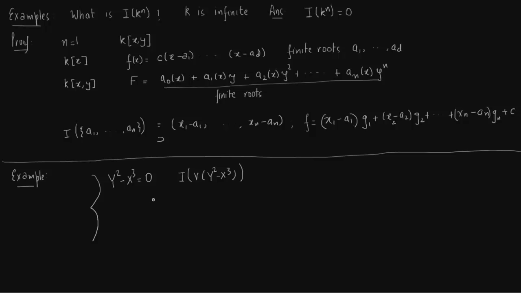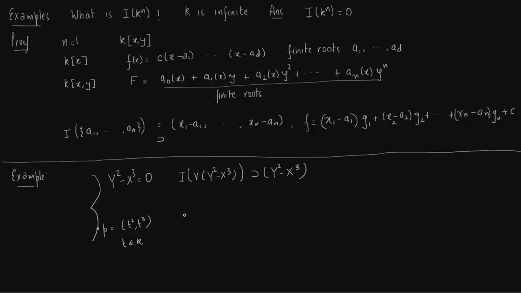Obviously y squared minus x cubed is contained in this, since it vanishes on the set. So this inclusion is clear. We will prove that this inclusion is actually an equality rather than just an inclusion, which is how it looks right now. It is clear that y squared minus x cubed belongs to the left hand side.